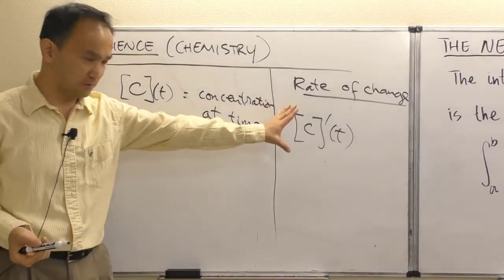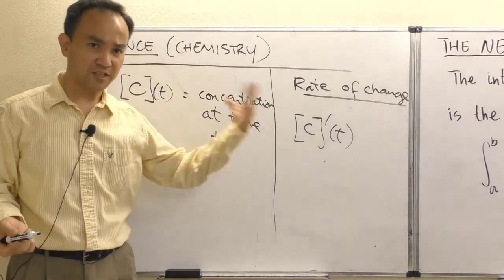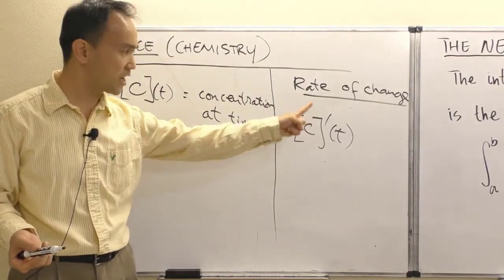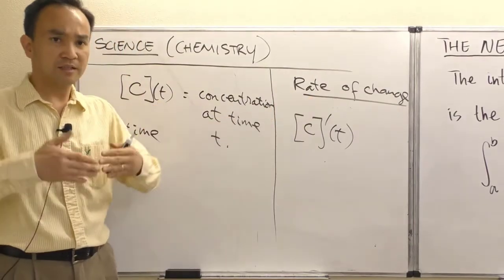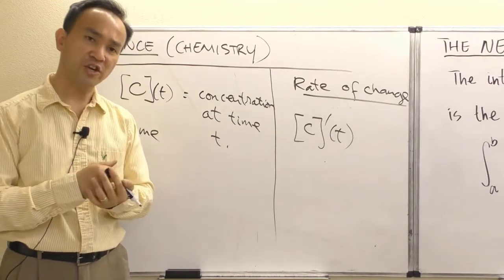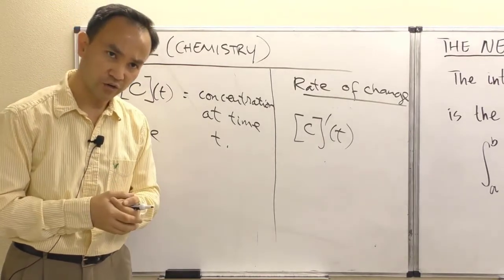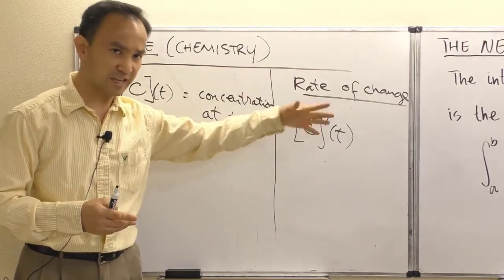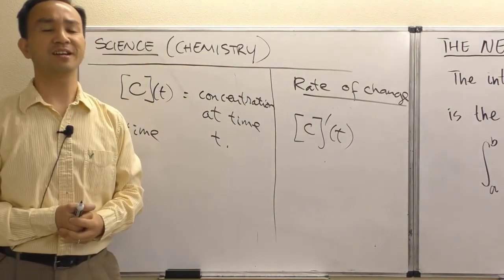And so it makes sense mathematically, according to calculus, that C prime is the rate of change of that concentration, because as time goes on, we change the concentration amount, we lose the concentration amount like that. And there's a rate of how fast that losing or gaining happens.